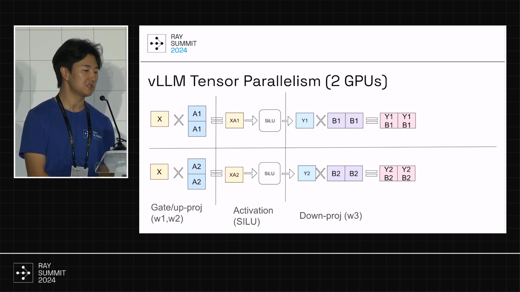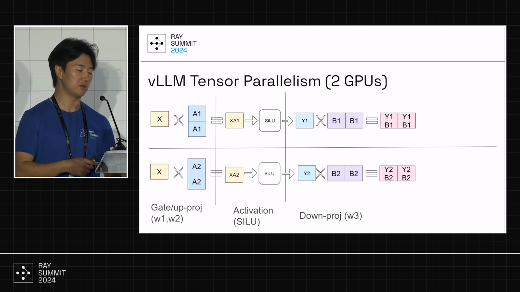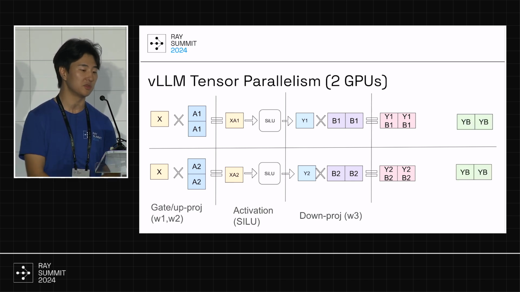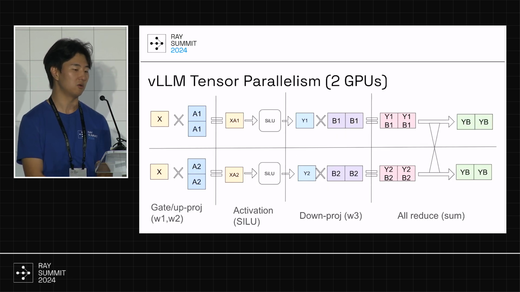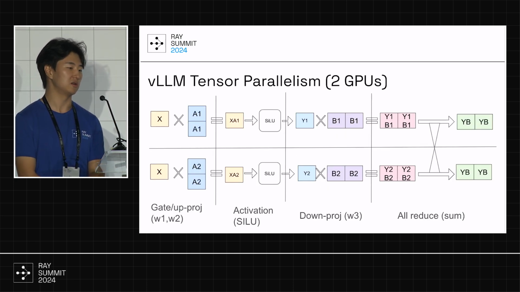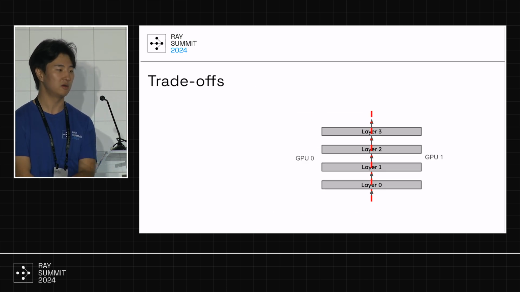And when you shard your weights by row and do matrix multiplication, you need to sum the results to get the final result. So you apply the all-reduce. So this is how you run tensor parallelism on the MLP layer.